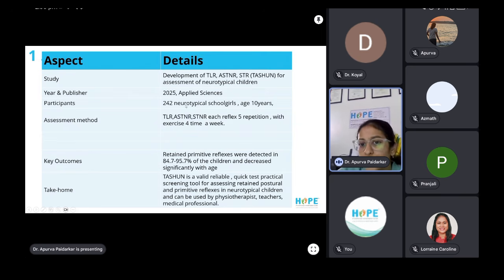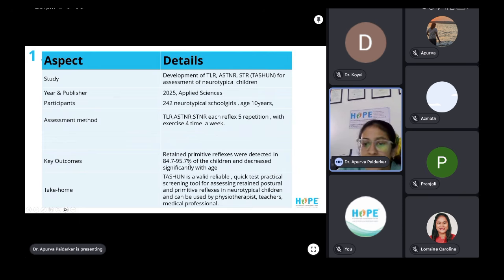Participants were 242 neurotypical schoolgirls aged around 10 years. Assessment methods were Tashun, TLR, ASTNR and STNR. Each reflex was tested 5 times, with an exercise given 4 times a week to the schoolgirls.